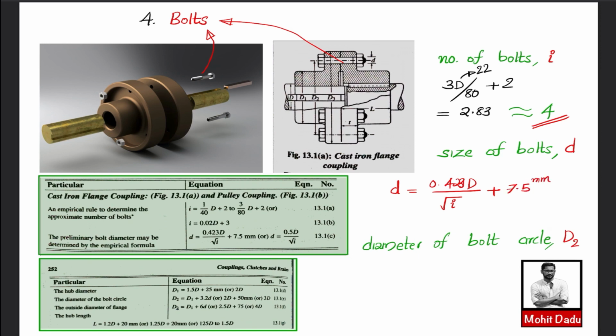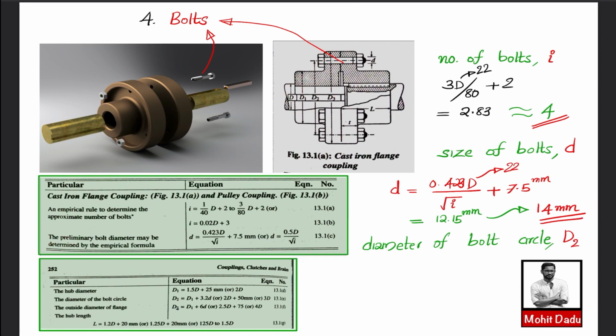All values to be substituted in mm. This D is actually 22 mm. Then we will be getting the bolt size as 12.15 mm. This also we will be standardizing and taking the next value, or you can take the standard size of the bolt from the data book for the chapter of bolt, and this one you will be finalizing as 14 mm. So the size of the bolt used is 14 mm.